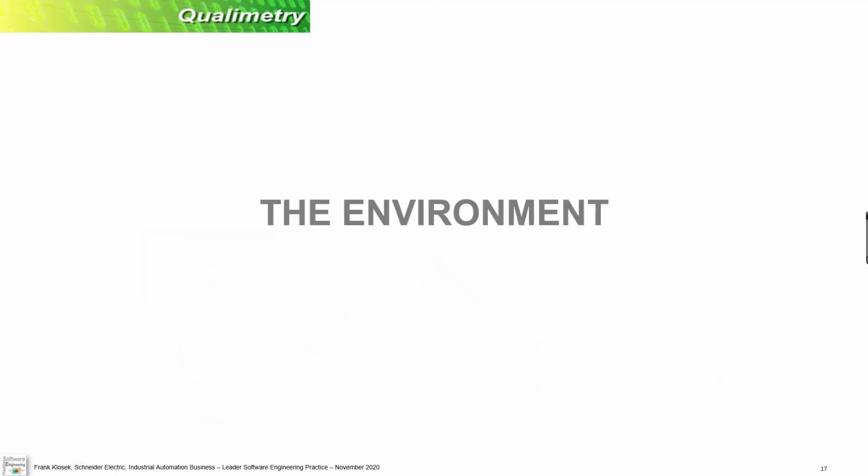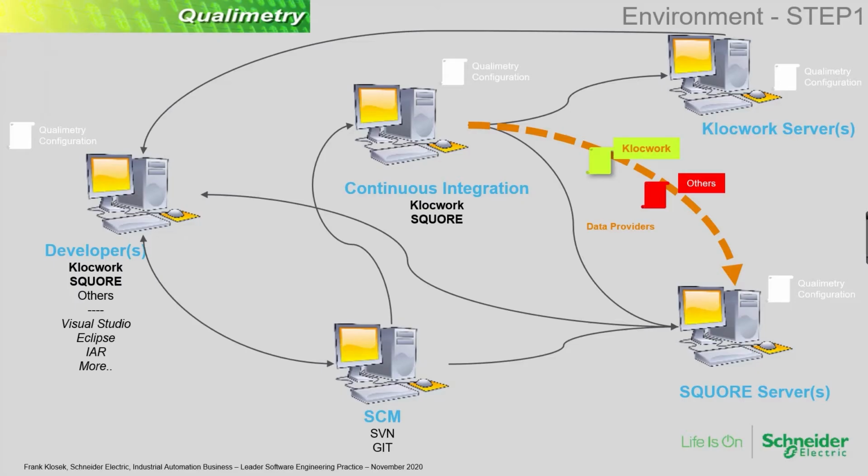We could continue with the success stories, but I would like to show you the environment, so how we integrate that into our teams. On the left, you see the developer with his machine. They're using Qualimetry, Clockwork, and Squore.